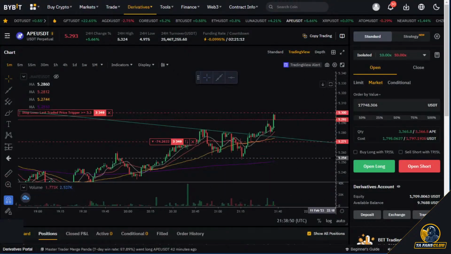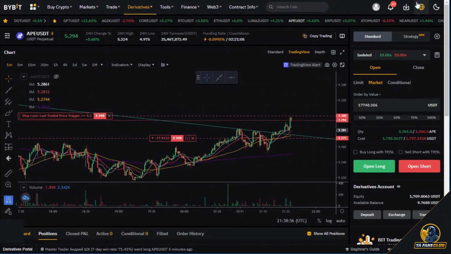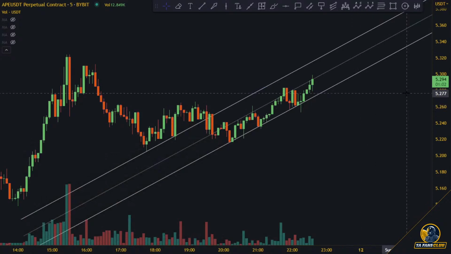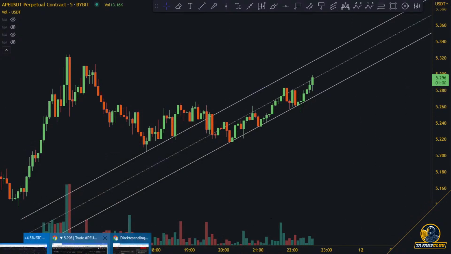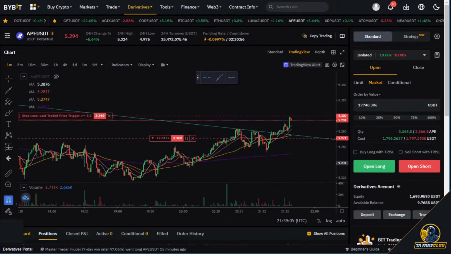We are so close to getting wrecked, guys. No hope. It's okay. We are already up that much. How much are we losing? We're losing 100 bucks.